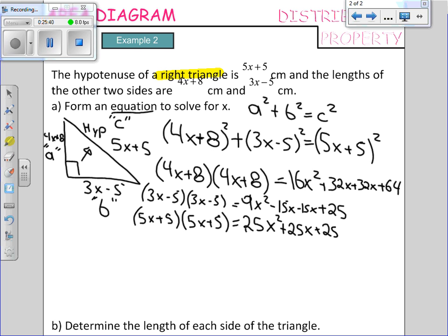Does everybody know where those numbers came from? First, outside, inside, last. We just foiled each one, yeah.